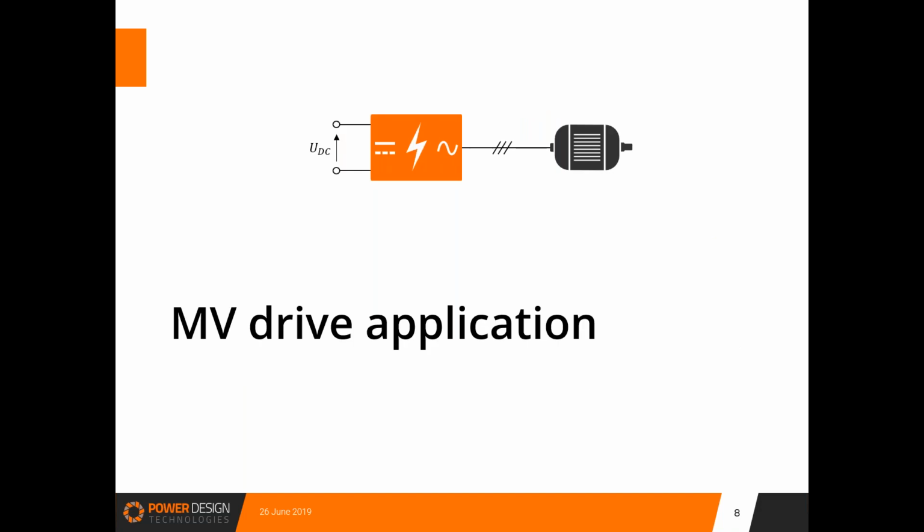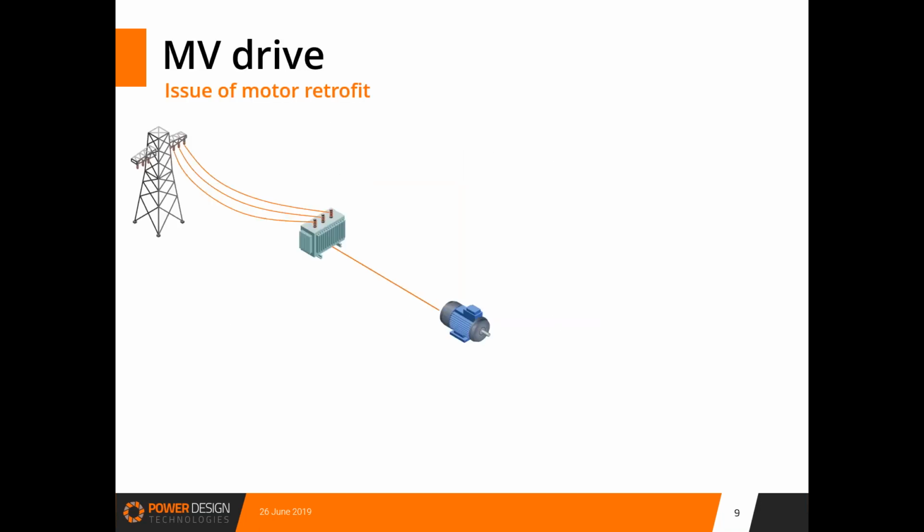So about the medium voltage drive application, as I said, it's used in a wide range of applications: mining, naval, and offshore wind turbines. In this context, a major use case is the retrofit of an existing motor originally powered straight from the grid.